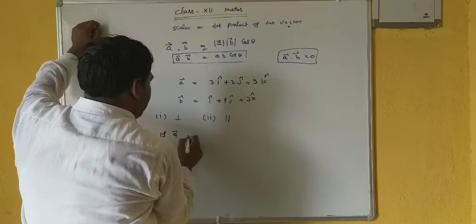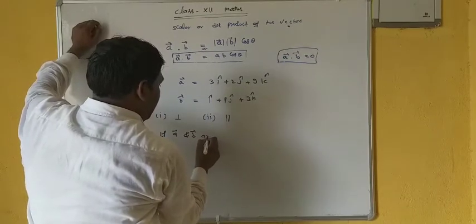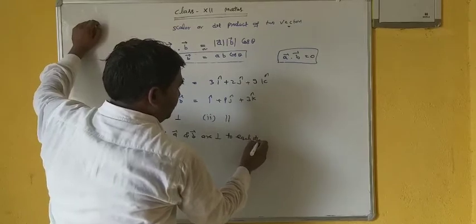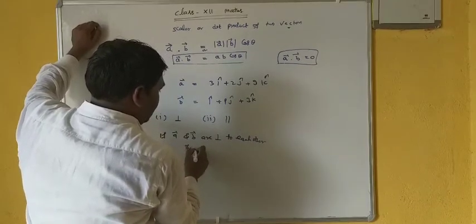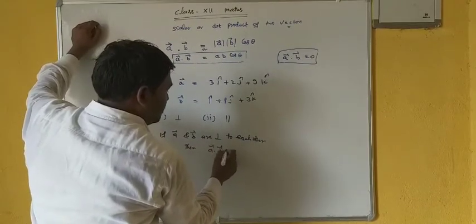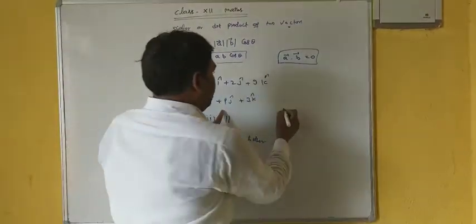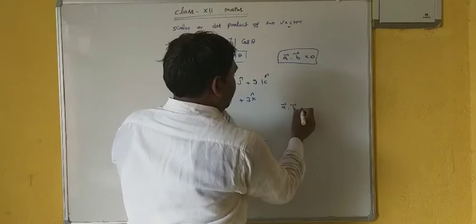If vector a and vector b are perpendicular to each other, then their dot product should be equal to 0. Hence a dot b is equal to 0.